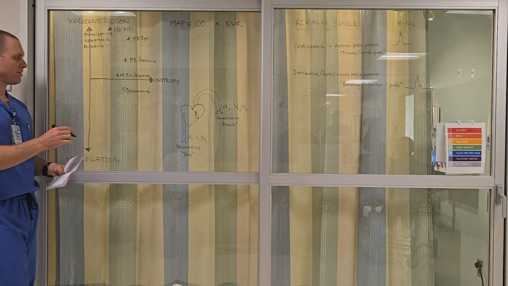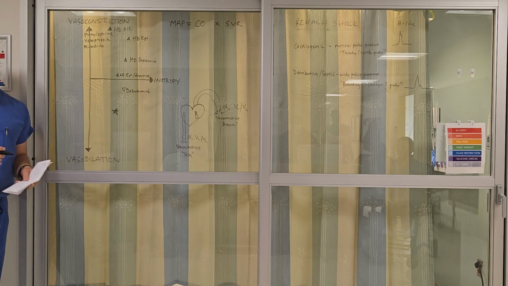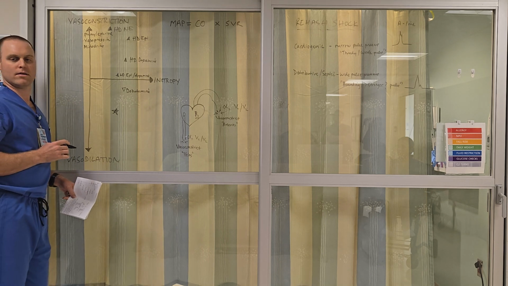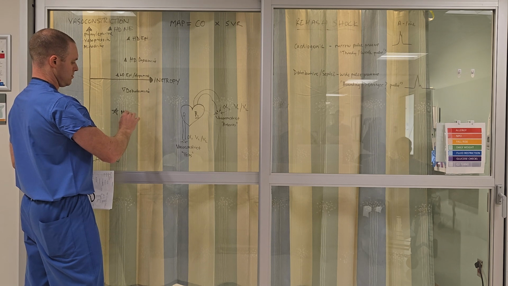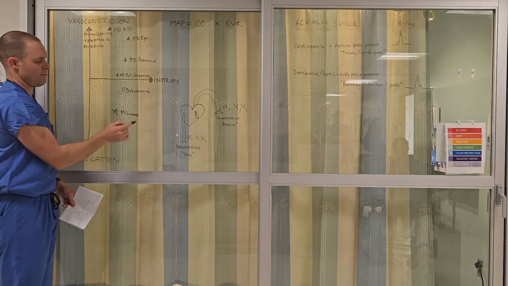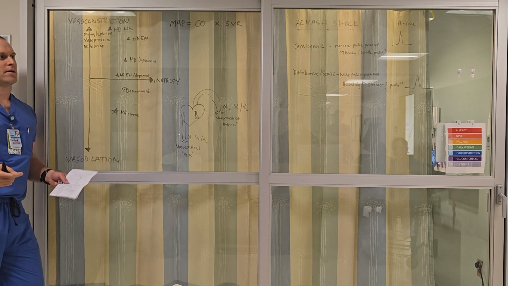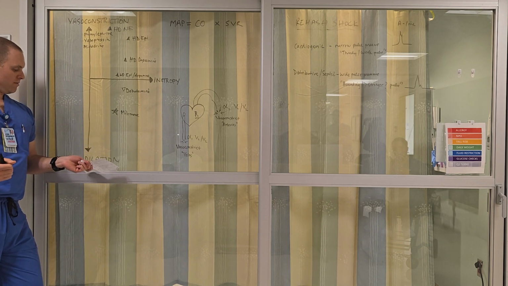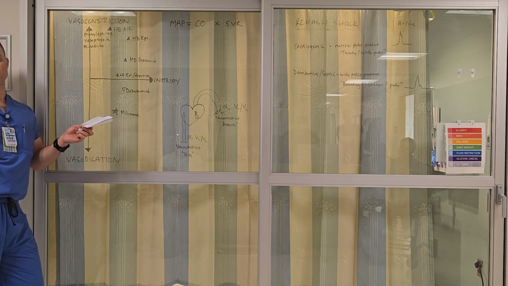And then does anybody know the other one that vasodilates you even more? Milrinone? Yeah, milrinone. This works through a different system than beta 1. It's called cyclic AMP, but it basically increases contractility. Also vasodilates more, and this gives you a little bit more pulmonary vasodilation.